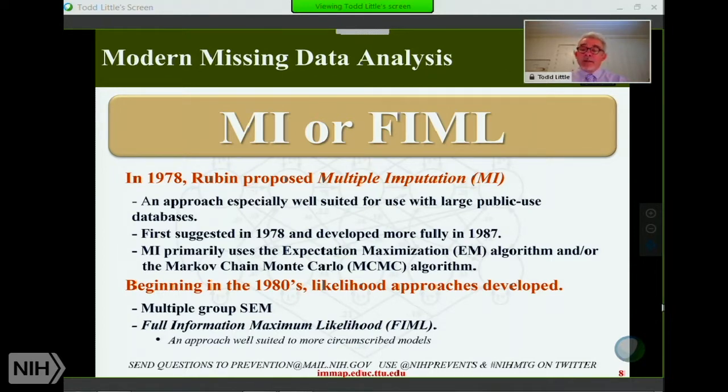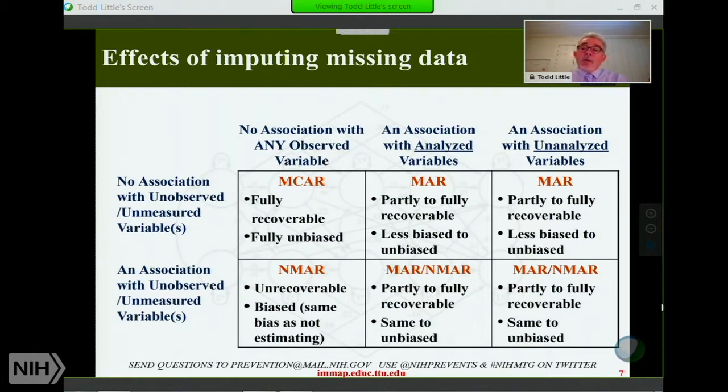So let me go back a slide to slide 7 again. What I wanted to emphasize here is that if I have a large data set that has many variables, and I'm fortunate enough that the variables responsible for missingness are in my data set, if I choose to use full information maximum likelihood, the key consideration there is that the variables responsible for missingness must be included in the analysis pool somehow.